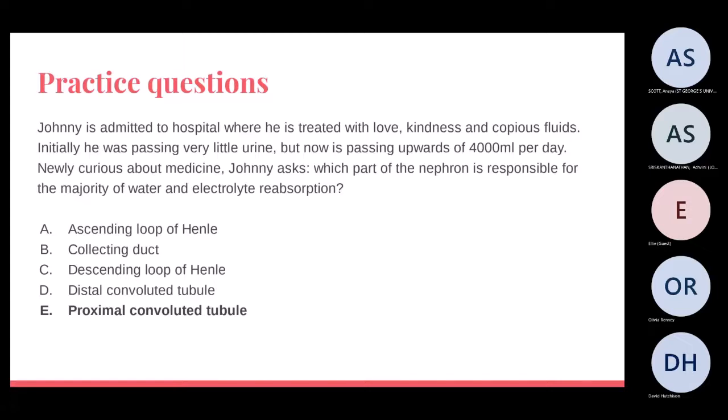Everything else that happens in the other areas of the kidney is more of a fine-tuning process of adjusting how much you're absorbing and how much you're excreting in the urine. But the proximal convoluted tubule basically rumbles on, and not much changes in how it does its job, which is reabsorb loads and loads of water and electrolytes and glucose and things.